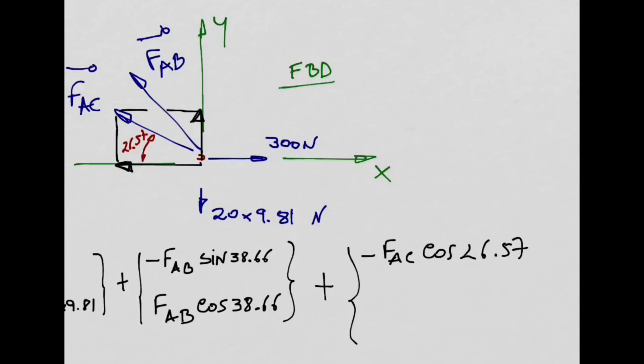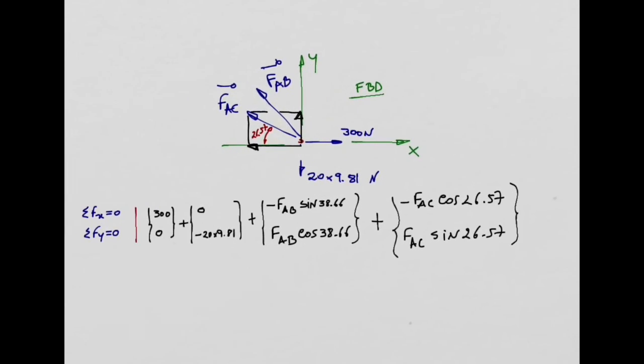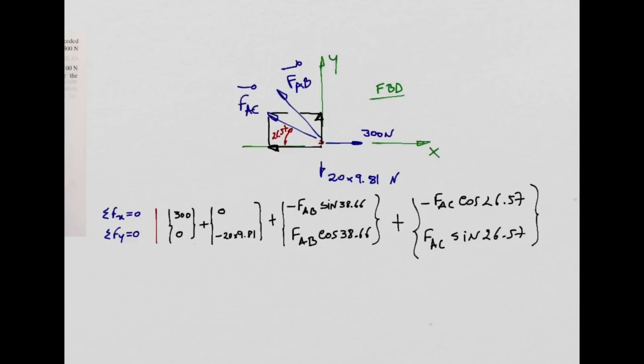The vertical component, this one, is going to be positive or negative? Positive. And I have FAC, correct? Times what? Sine. Very good. That's all we have. You agree with me? These are all the forces we have.